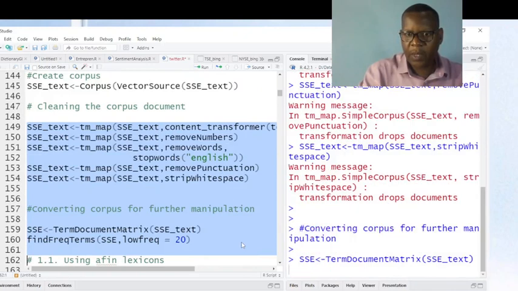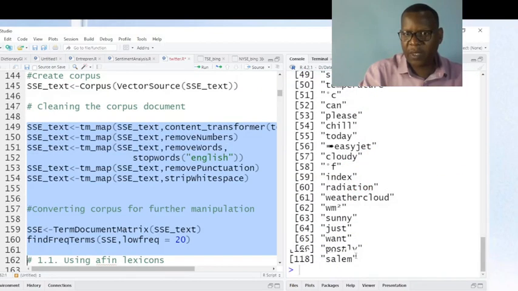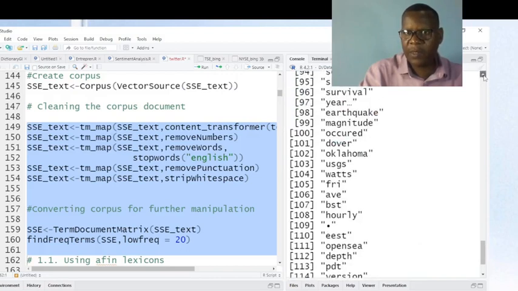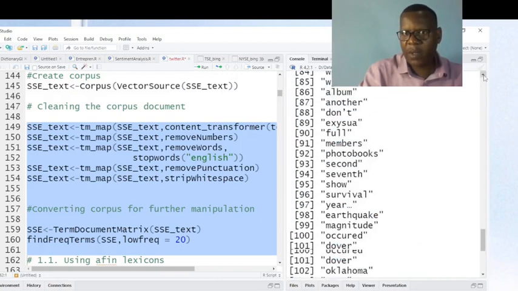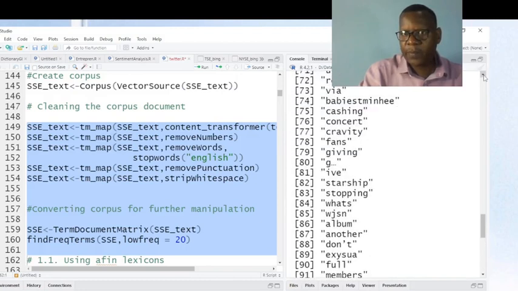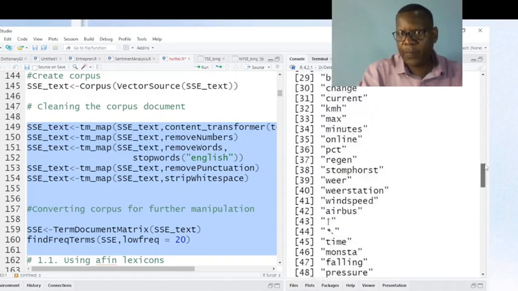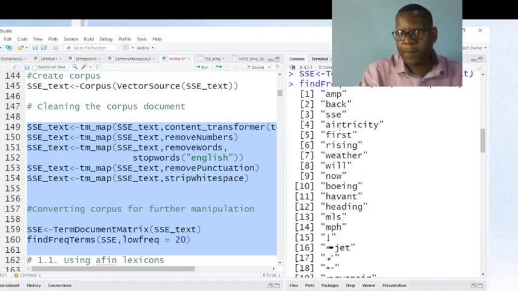Now you see those words which are frequently used, friends, words that were used at least 20 times.